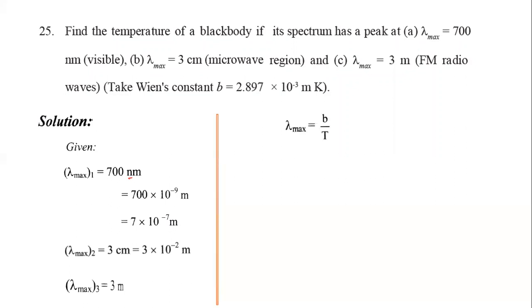Now, the formula for lambda max is B by T, and the first point you have to find is temperature 1. The formula for temperature is B by lambda max. So temperature 1 is B as it is and the first lambda max value. You can substitute here, do this calculation and try to obtain the answer.